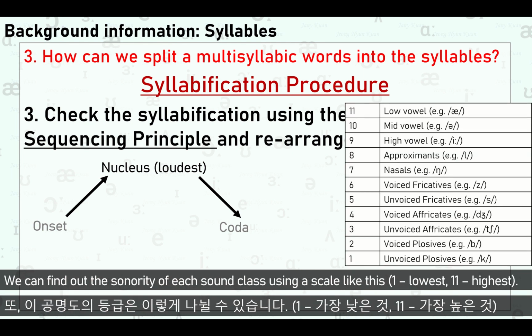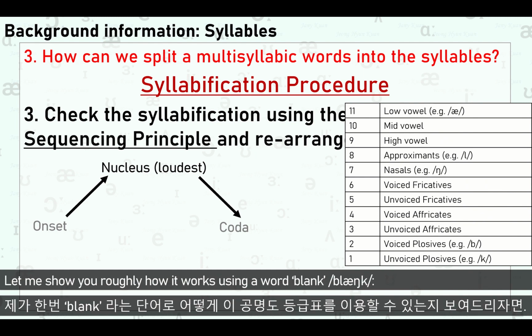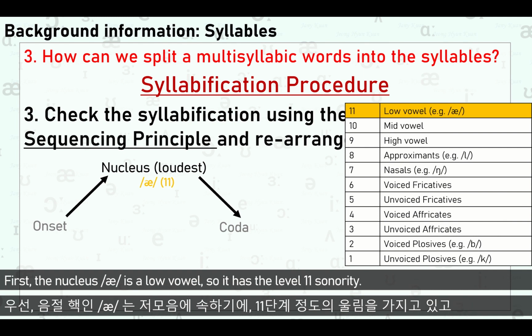We can find out the sonority of each sound class using a scale like this, 1 being lowest, 11 being highest. Let me show you roughly how it works using a word blank. First, the nucleus A is a low vowel, so it has the level 11 sonority.